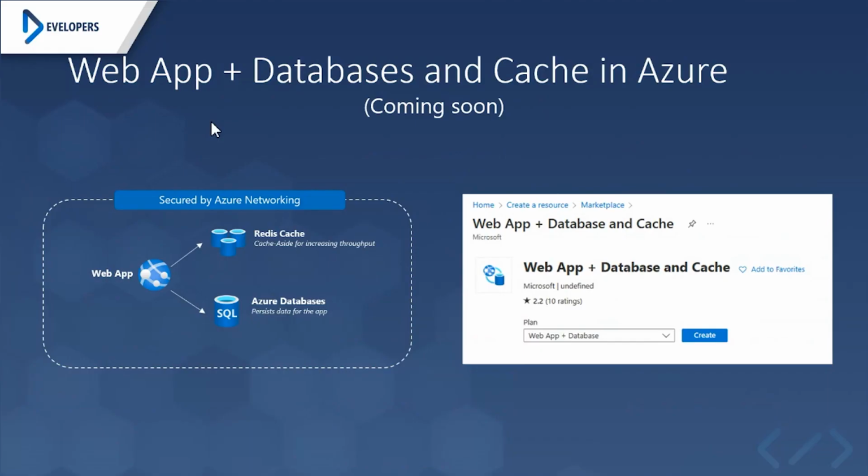And in the earlier demo, we also saw in the topology, there's the web app connected to Redis Cache and also to the SQL database. The entire environment was secured by Azure networking. And developers may wonder what it takes to provision this whole environment.